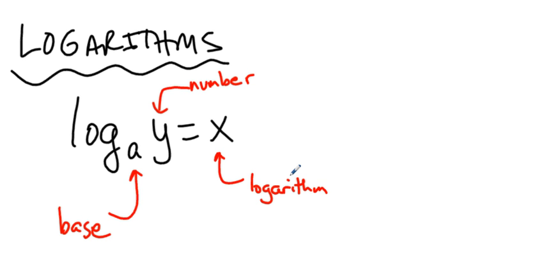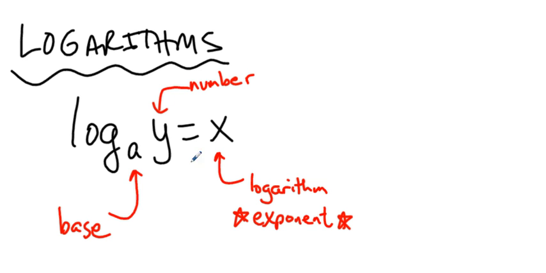Now, what a lot of people remember is that a logarithm is an exponent. It is an exponent, and I shouldn't put that in quotes. I should put that with stars around it, because a logarithm is an exponent.